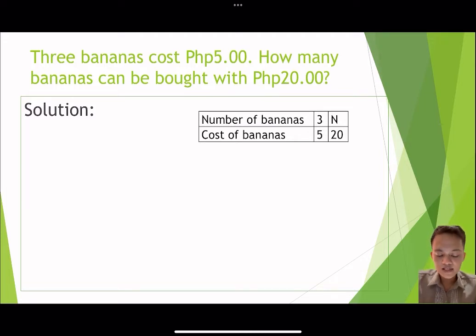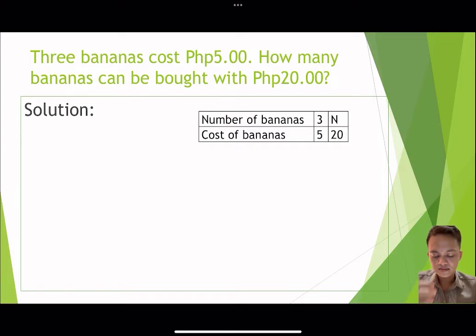The proportion is 3:5 equals n:20. Ito yon. 3:5 equals n:20. Or 3/5 is equal to n/20.